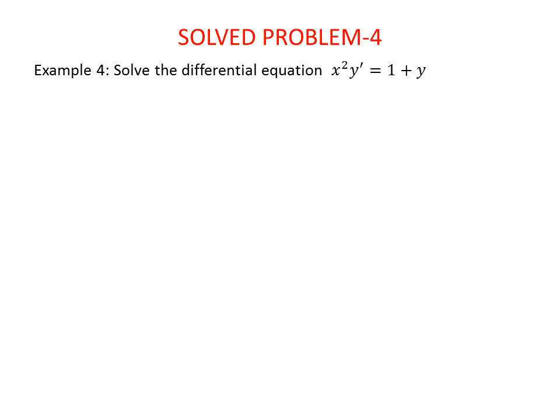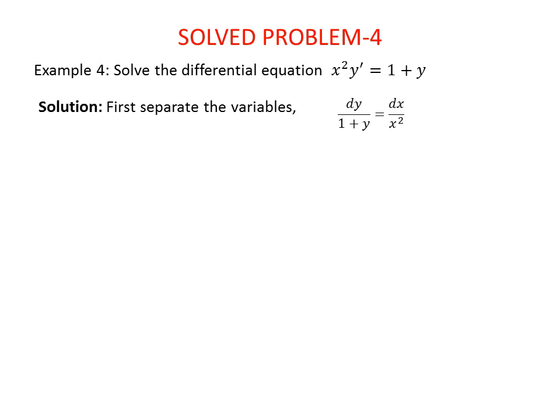First of all we can see that this variable can be separated. So we apply the separable variable method. If we separate the variables, denoting y prime as dy by dx, we will have the equation dy by 1 plus y is equal to dx by x squared.